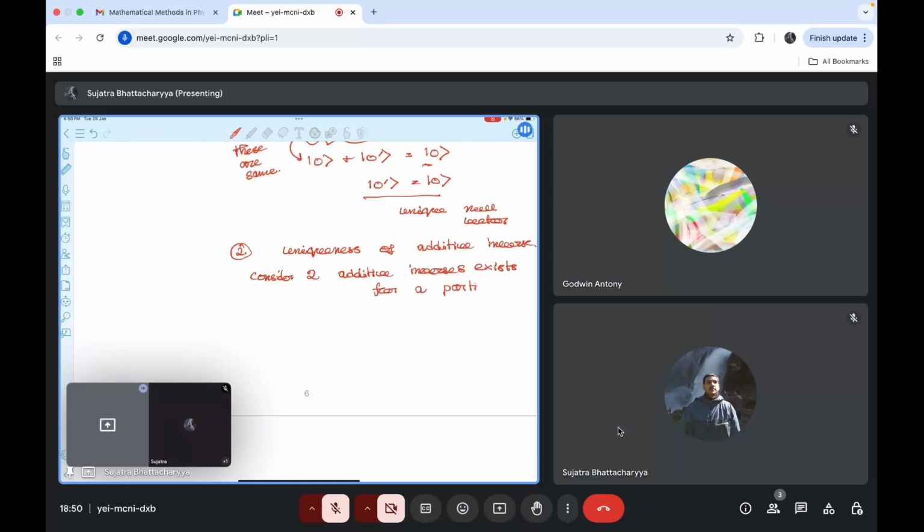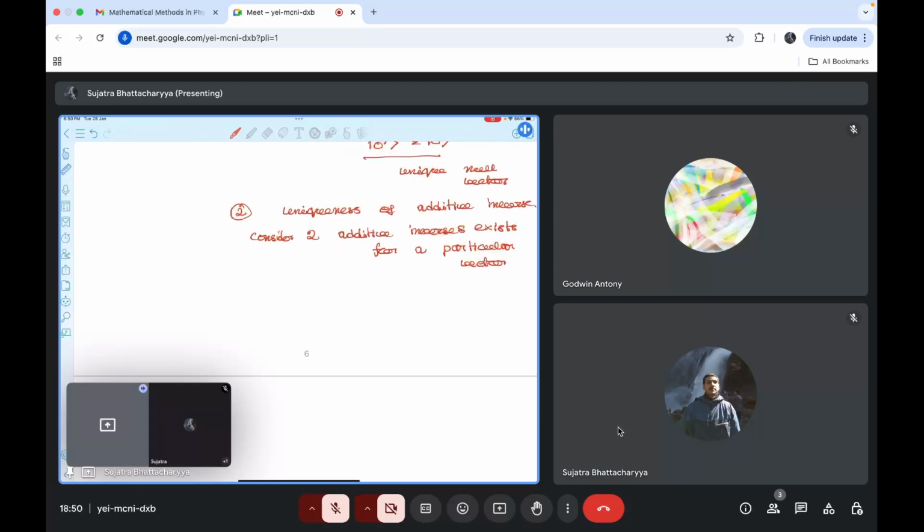Remember, this is important: for a particular vector, because a vector space consists of several vectors, and each vector has a particular additive inverse. So for a particular vector, there are two additive inverses. One is the x inverse, the original one, and another is x inverse dash, suppose.